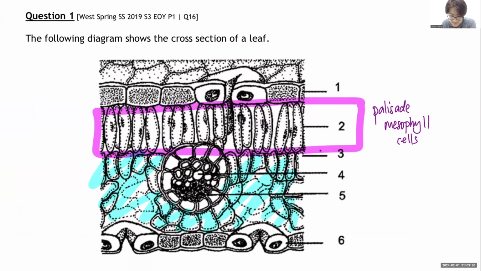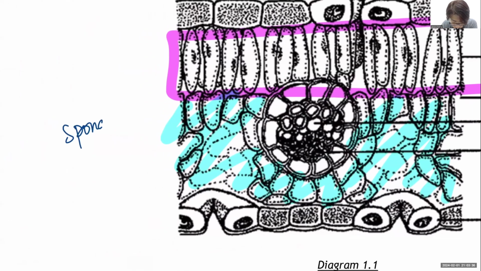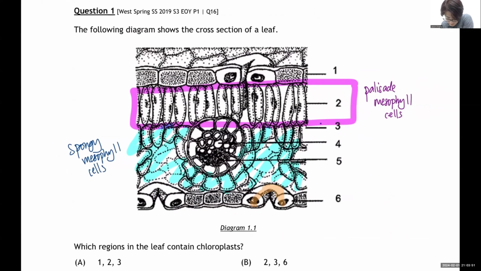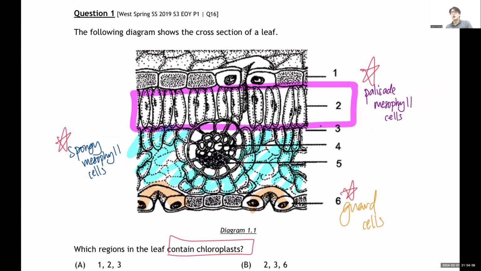These are the spongy mesophyll cells. And finally, these are the 3 photosynthetic cells of the leaf.